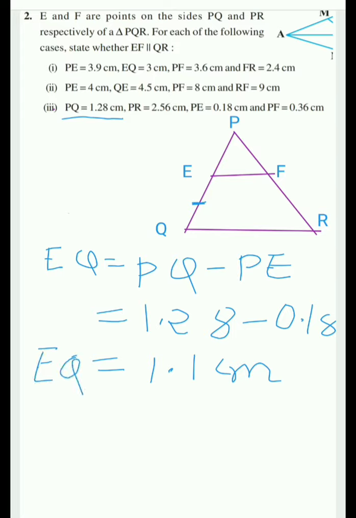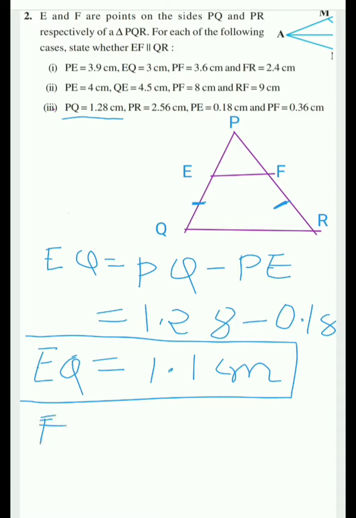Now whenever we want, we will use this FR. So as we know, if you want FR, it is made up of PR minus PF.